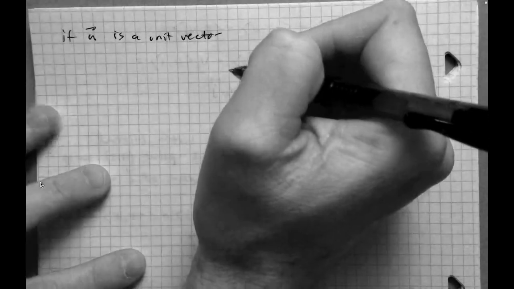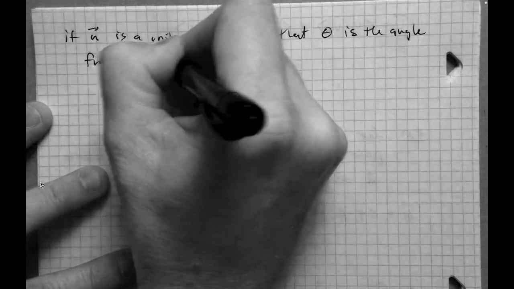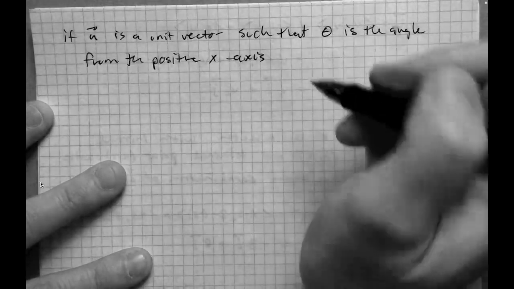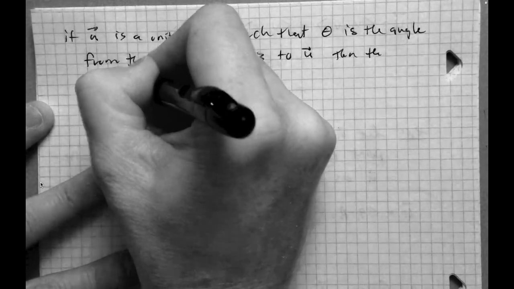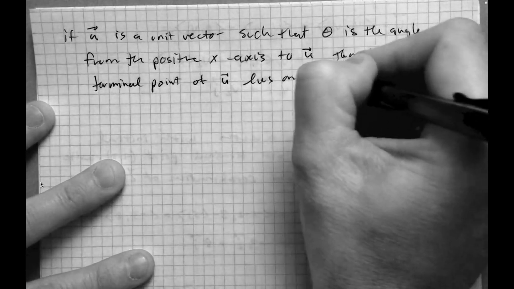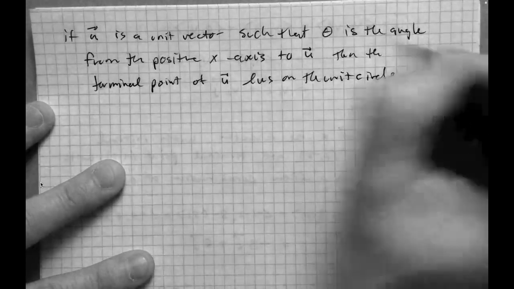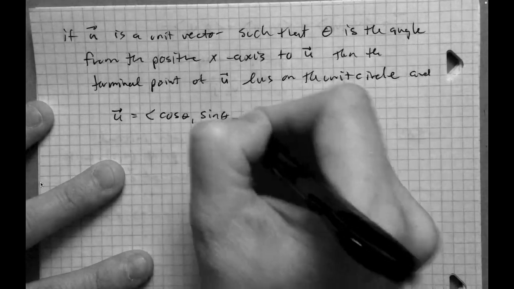All right. Next up. If u is a unit vector, such that theta is the angle from the positive x-axis up to u, then the terminal point of u lies on the unit circle, and u, the vector, is equal to cosine of theta, the first component, and sine of theta, the second component.